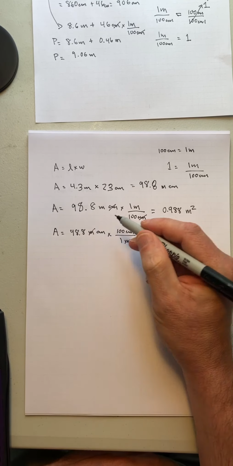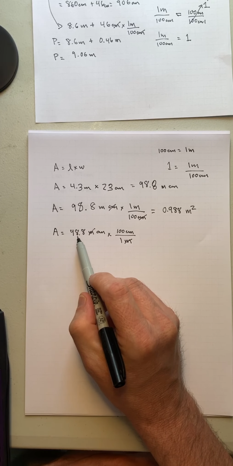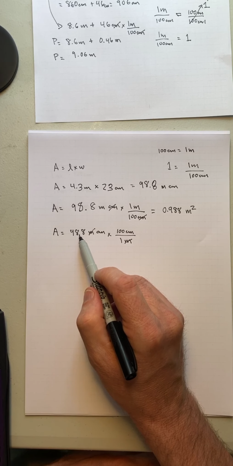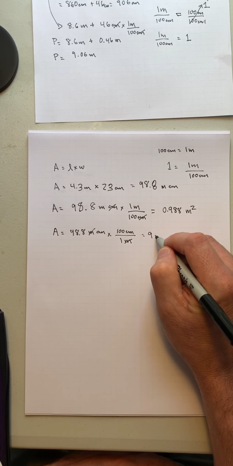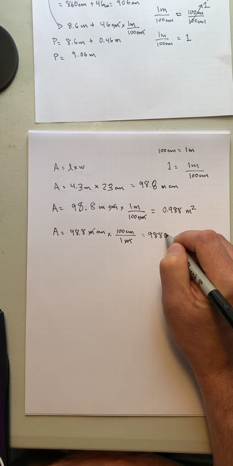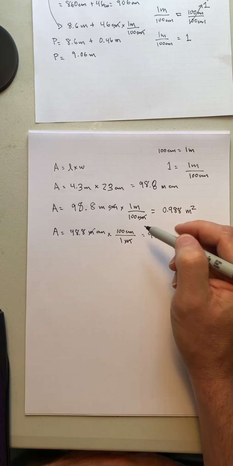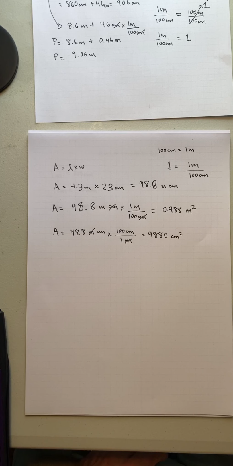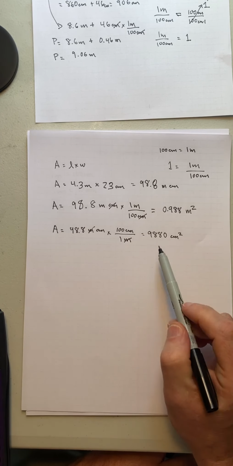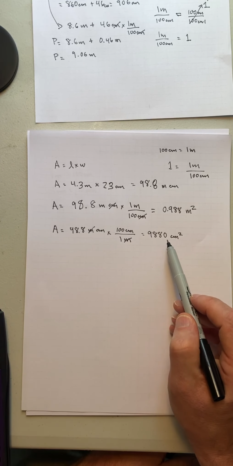Meters cross out. 98.8 times 100, move the decimal point 2 places, 1, 2, equals 9880. Centimeters times centimeters is centimeters squared. So now I have a quantity that makes more sense, 0.988 meters squared, or 9880 centimeters squared.